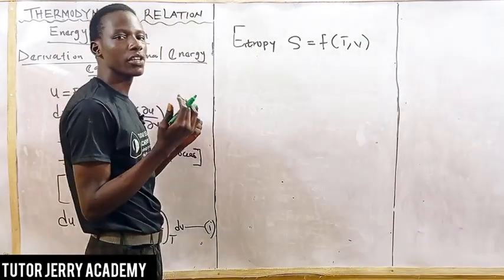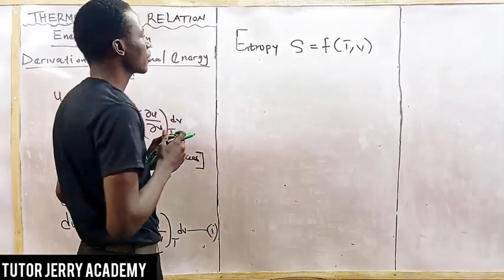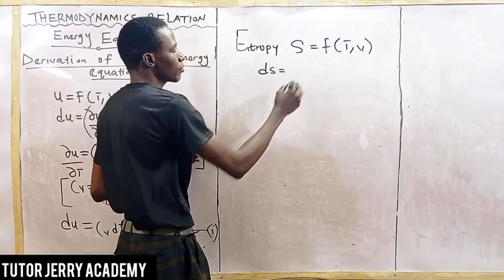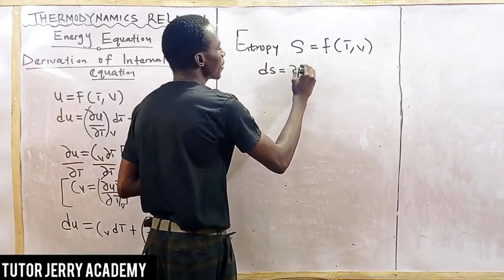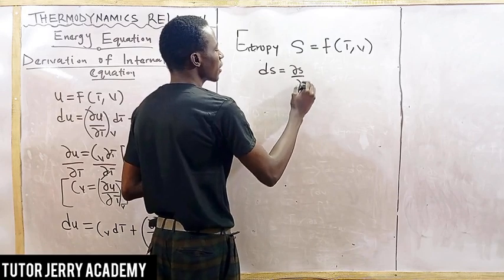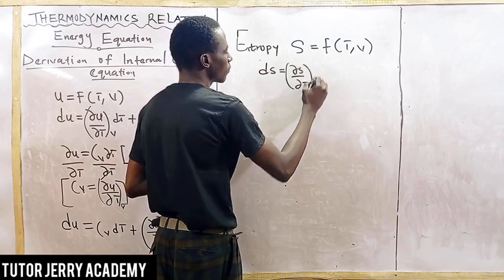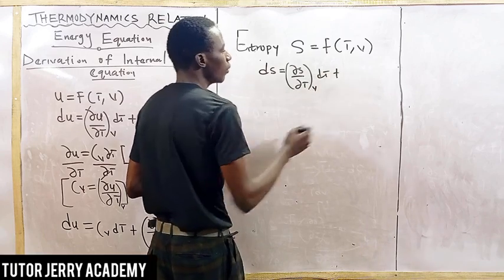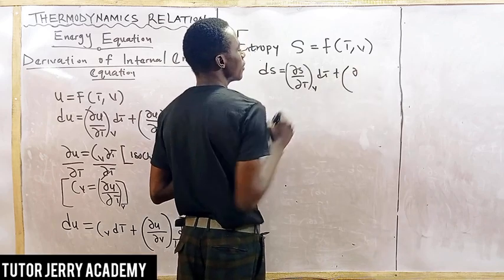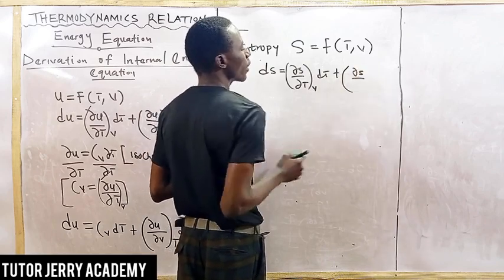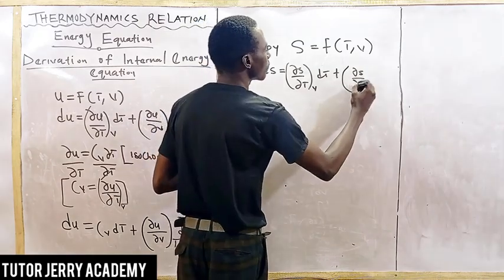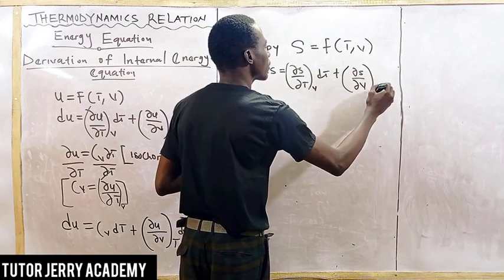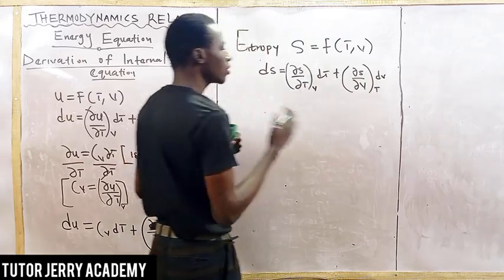So from the fundamentals of partial differentiation, we can say that dS is equal to the partial derivative of S over the partial derivative of T, keeping V constant, dT, plus the partial derivative of S over the partial derivative of V, keeping T constant, dV. So this is what we have.